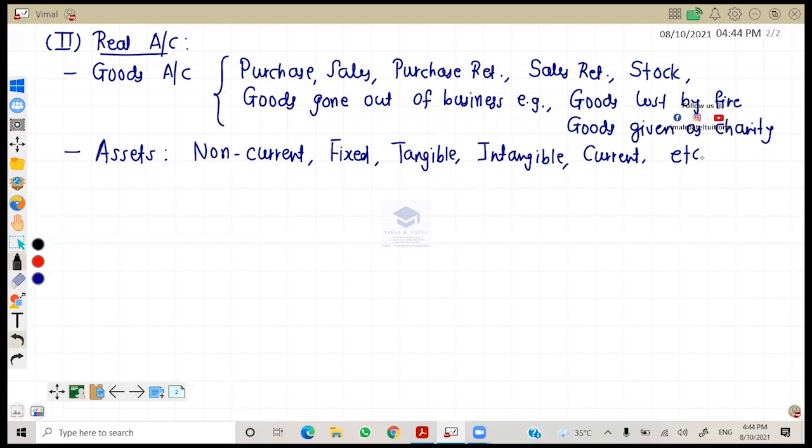Land, building, furniture, copyright, goodwill, patent, trademark, okay, cash, bank balance, all these are part of assets. Okay.